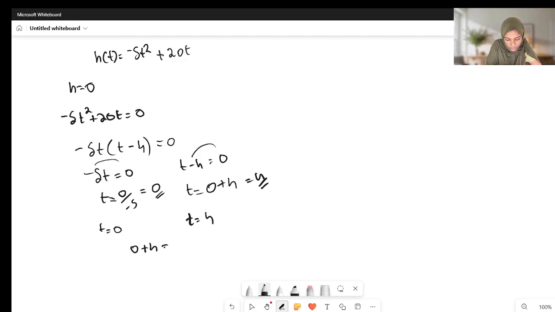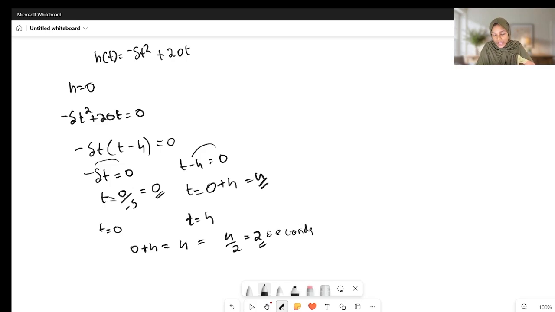So 0 plus 4 is equal to 4, and we need to divide this 4 by 2, which is 2. So we found that it reaches the maximum height in 2 seconds.